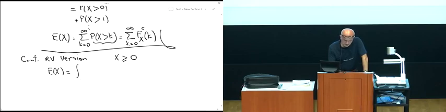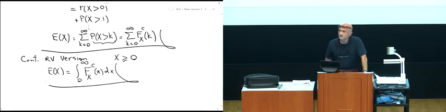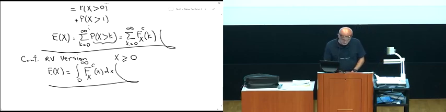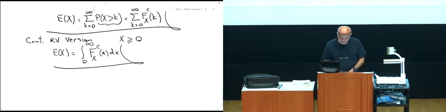From where to where? 0 to infinity. Of what? F x complement of x dx. This is the continuous version. Okay? So we're done with item 1.